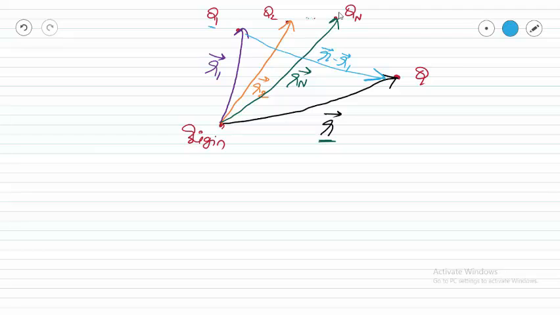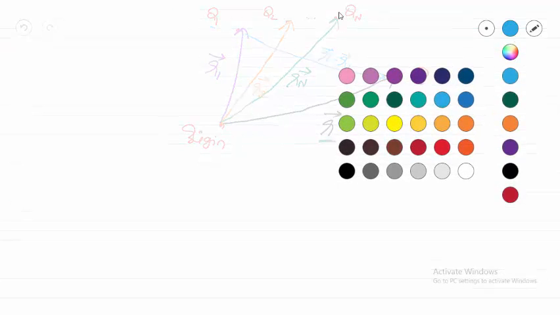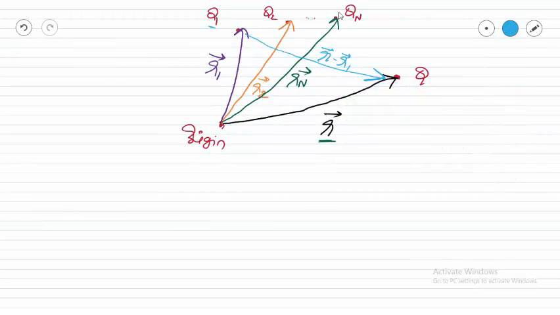Now we will find the force acting on q due to q1 alone. The first component we write as F due to 1 on charge q.